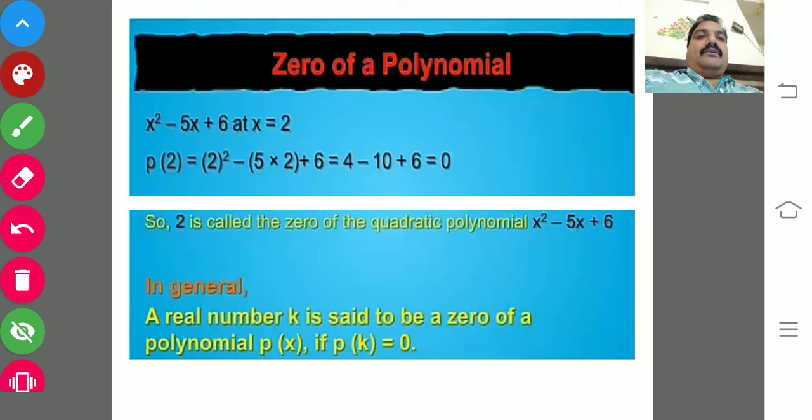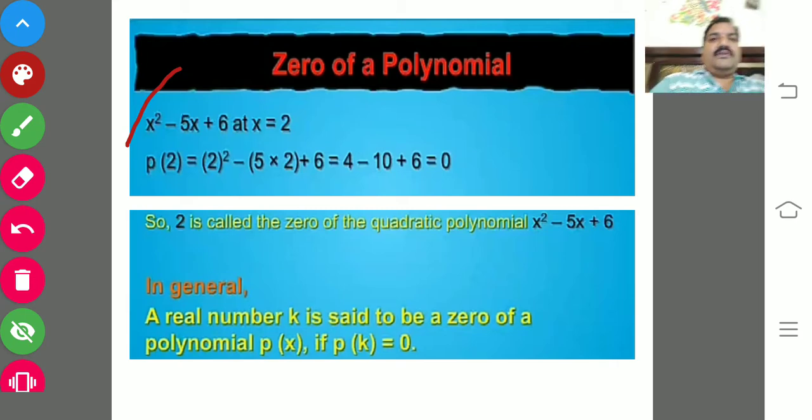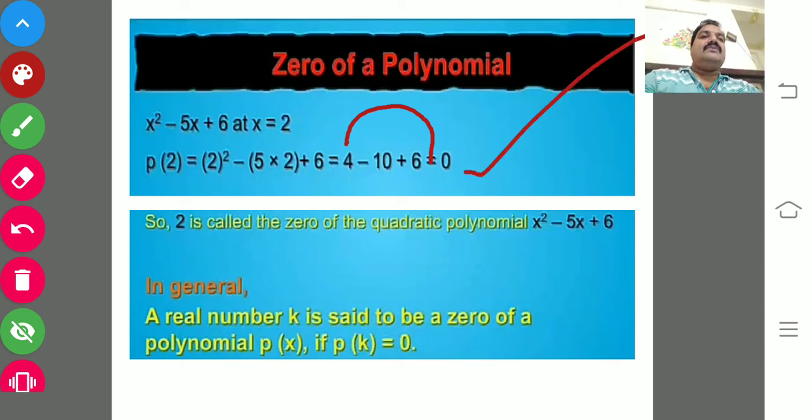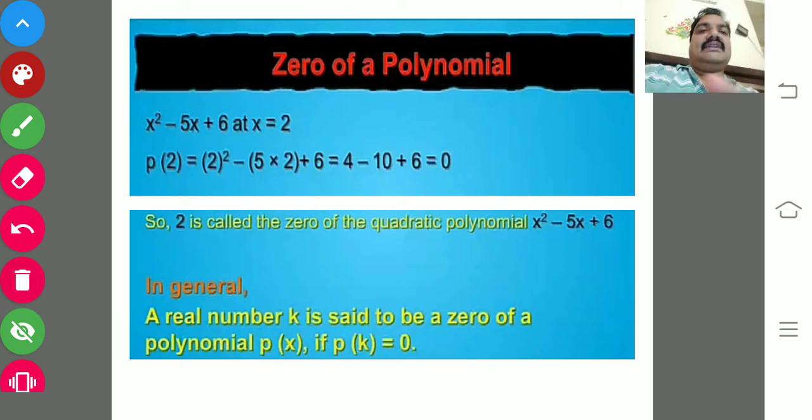If you keep the value 2 in that, instead of x square you write 2 square, and 5x is nothing but 5 into 2, and plus 6. 2 square equal to 4, and 5 into 2 is 10, and plus 6. If you add the plus values, 6 plus 4, 10, 10 minus 10, you will get 0. So what can I say? 2 is the 0 of the quadratic polynomial. Here I got the answer 0.